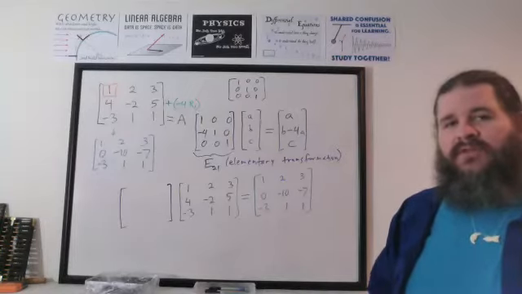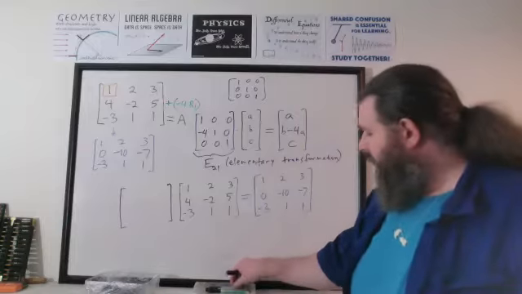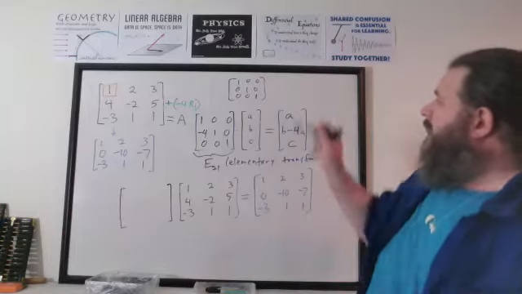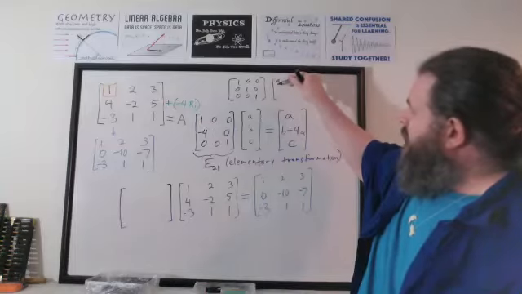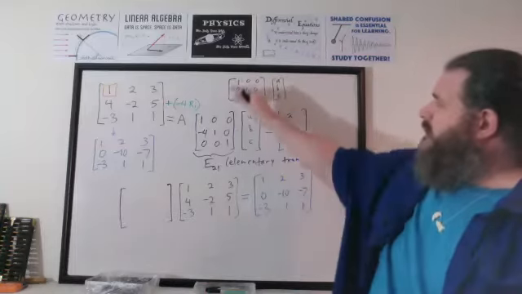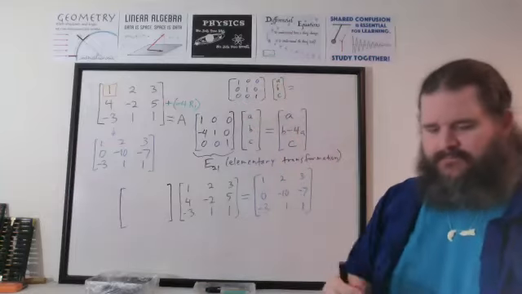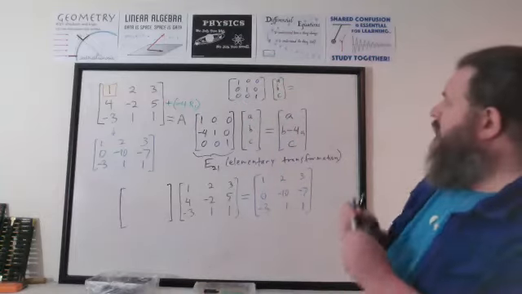It is in row reduced echelon form, but even more specifically than that, something very important happens if you multiply this by any matrix or vector. Like, let's say you multiply this by A, B, C. What would you get if you multiply this matrix times A, B, C? A, B, C. Yeah, you just get A, B, C again.